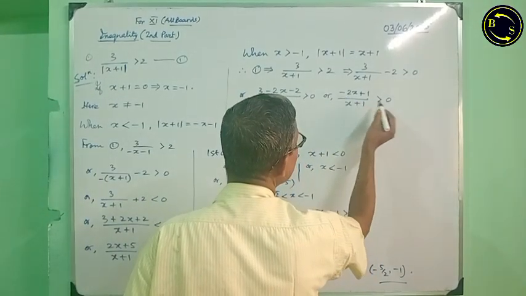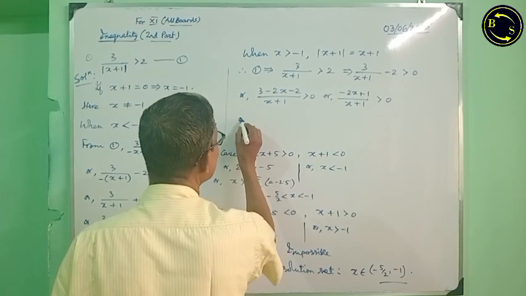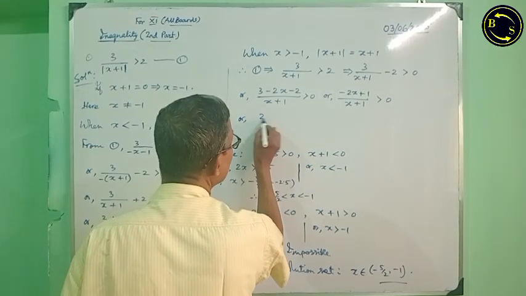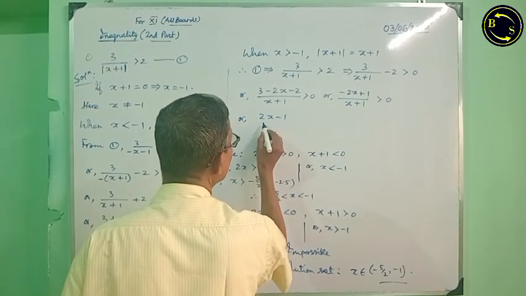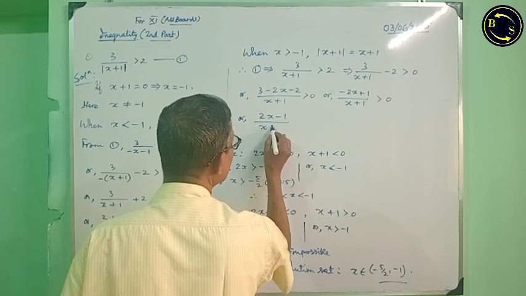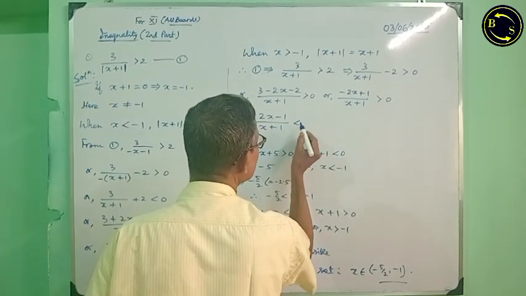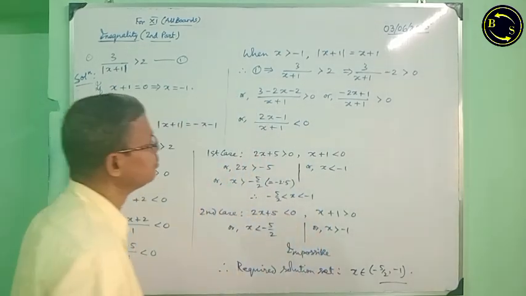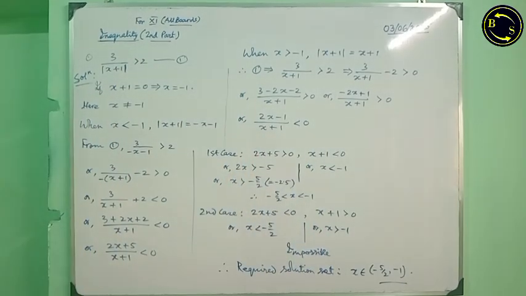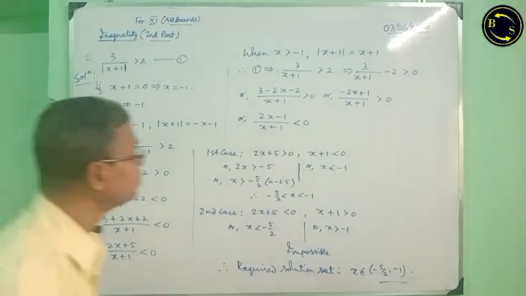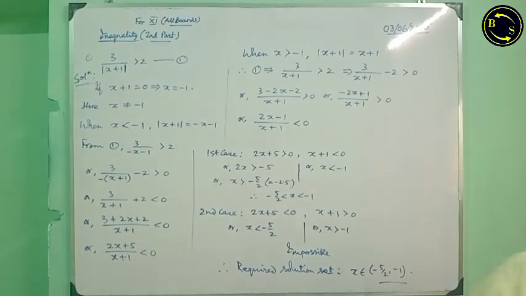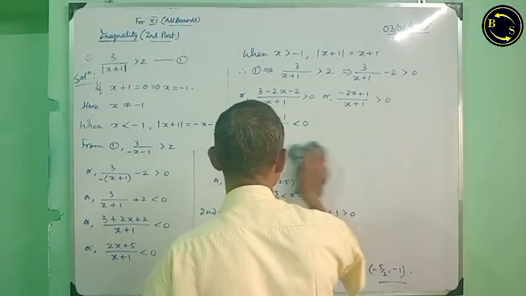Now multiplying both sides by minus 1, we get 2x minus 1 by x plus 1 less than 0. This sign will be reversed. Now we have to consider these cases. I draw there.